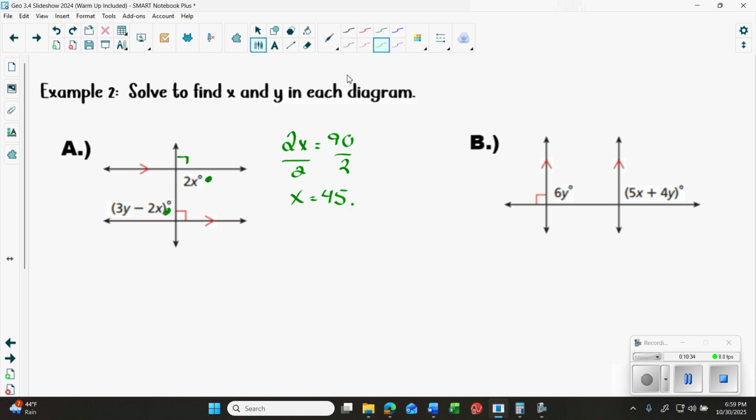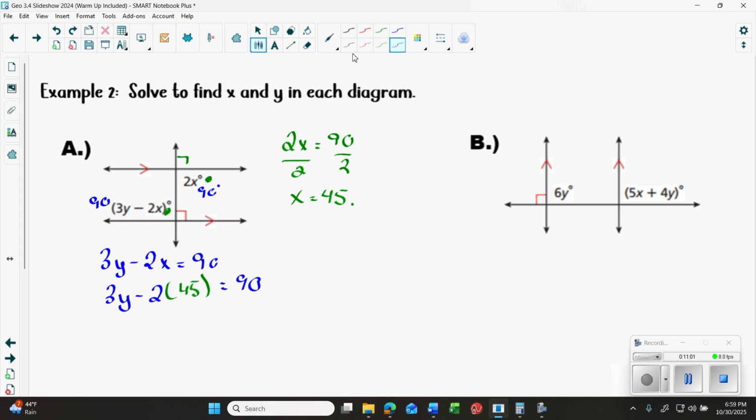Now, why does that help me? Well, now I can jump down to the fact that this angle also has to be 90, alternate interior angles. So that means 3y minus 2x has to be equal to 90. I just found x, which is 45, so I can go 3y minus 2 times 45 equals 90.